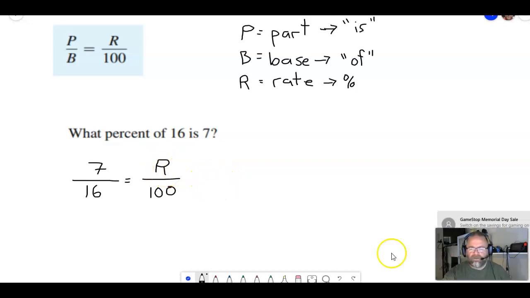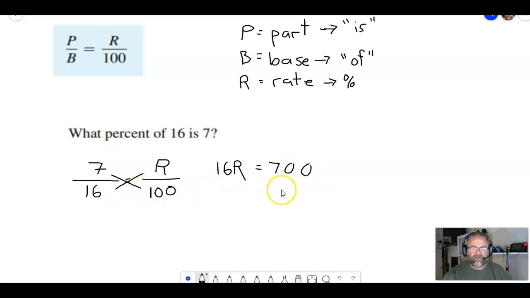And we're going to cross multiply and divide. So that's going to be 16 times R is equal to 700. Right? 7 times 100. So 16 times R is equal to 7 times 100, which is 700. Now remember, we're going to divide both sides by 16 and do that, and we're going to get R is equal to 700 divided by 16.